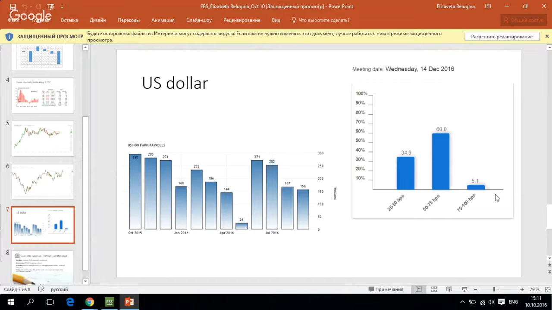This meeting is not the nearest meeting of the Federal Reserve. We will have a meeting on November 2nd. However, as the US presidential election is scheduled on November 8th, no one really expects that the Federal Reserve will tighten policy ahead of the elections.